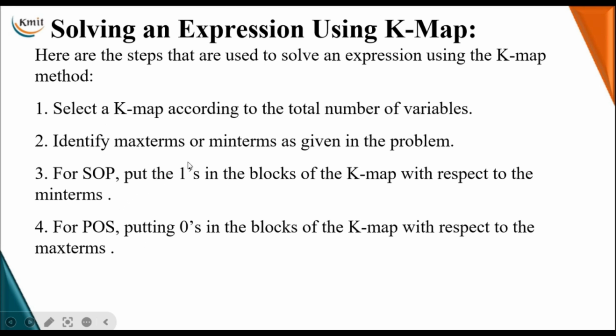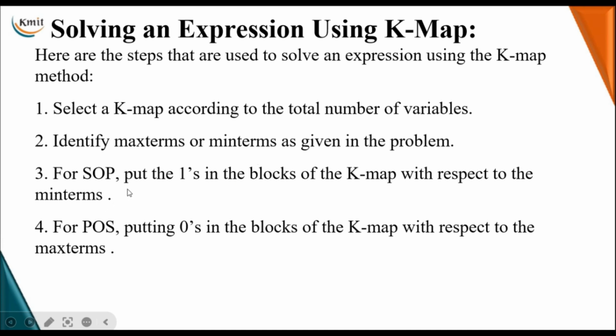Next, identify your given function. Is it in the form of standard SOP or standard POS? If it is in standard POS form, you map the maxterms onto the K-map. If your function is given as a sum of minterms, you place the minterms onto the corresponding cells.